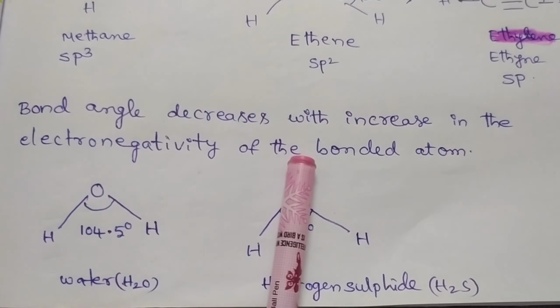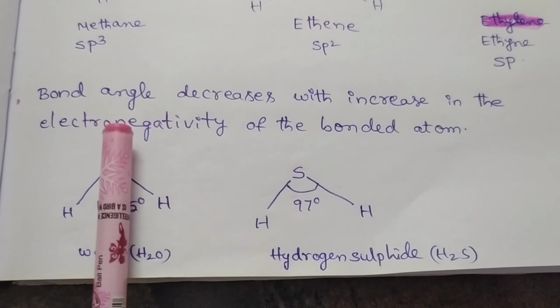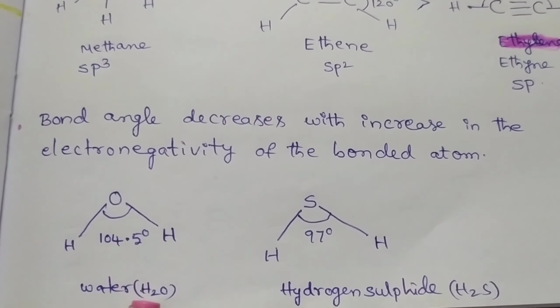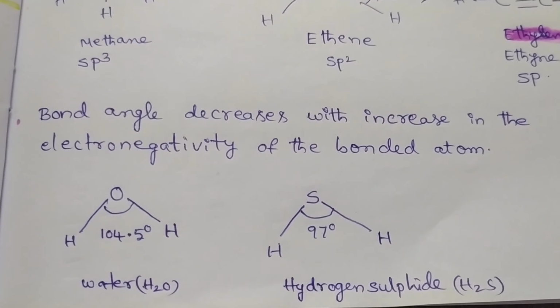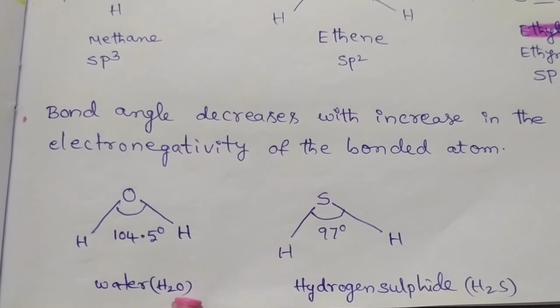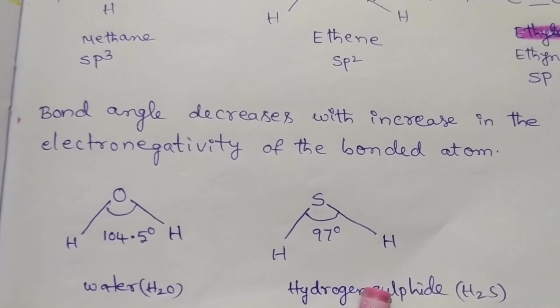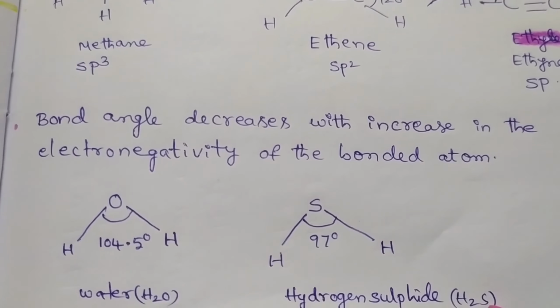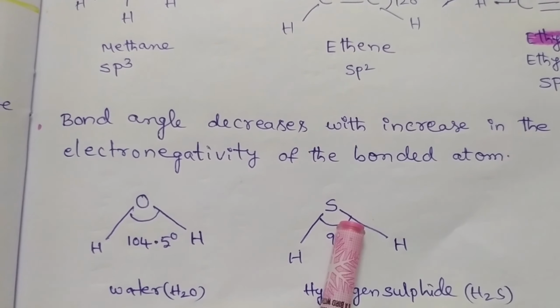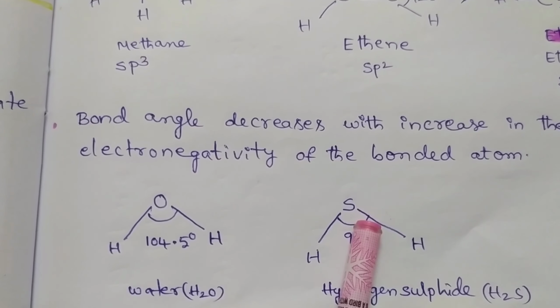Bond angle decreases with the increase in the electronegativity of the bonded atoms. When we observe the two molecules, water and hydrogen sulfide, the central atom in water is oxygen, whereas in hydrogen sulfide the central atom is sulfur. Both oxygen and sulfur belong to the same group, that means 6th group elements.